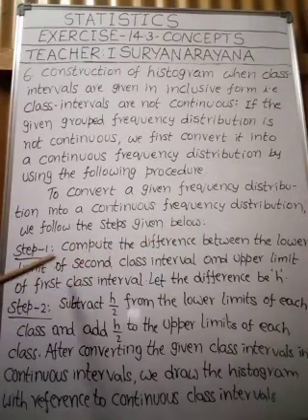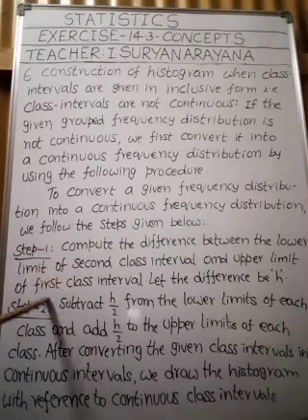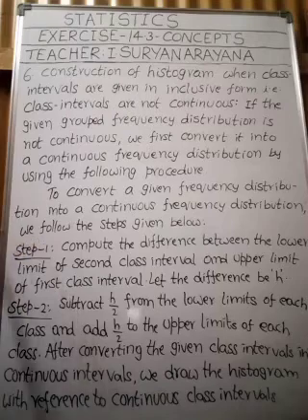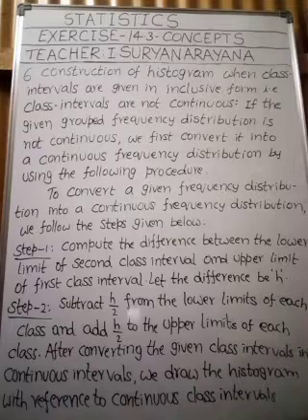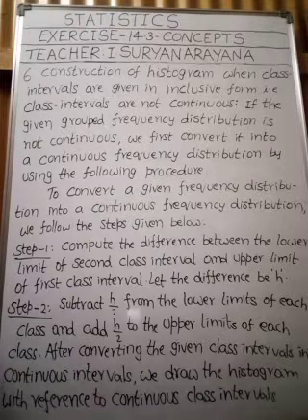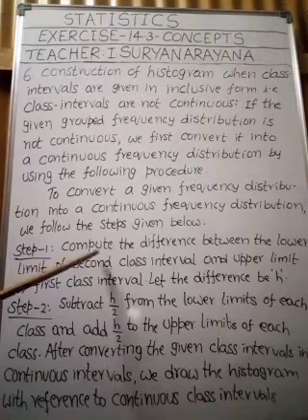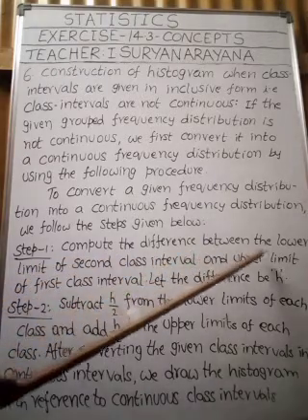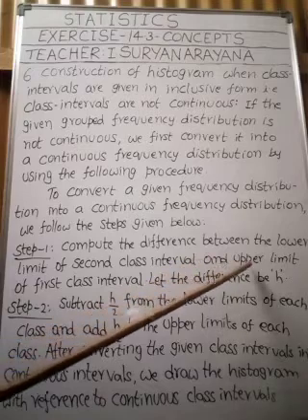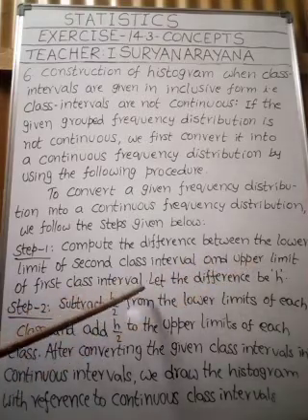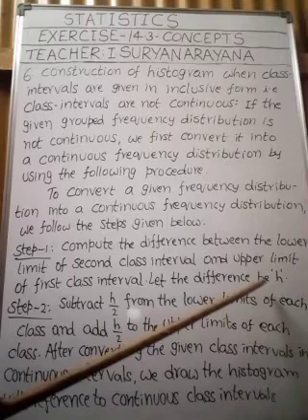First step: compute the difference between the lower limit of the second class interval and the upper limit of the first class interval. Let the difference be h.